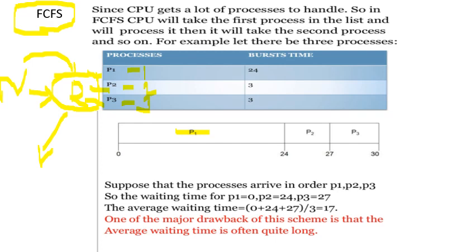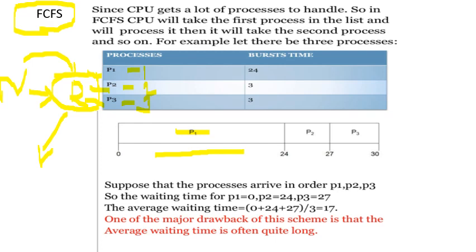It arrived at the 0th millisecond and started executing. Its burst time is 24 milliseconds, so from 0 to 24 milliseconds, P1 is using the memory and the resources. I hope you all understood.